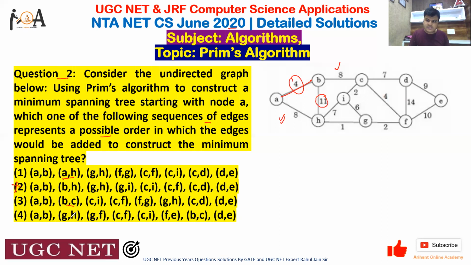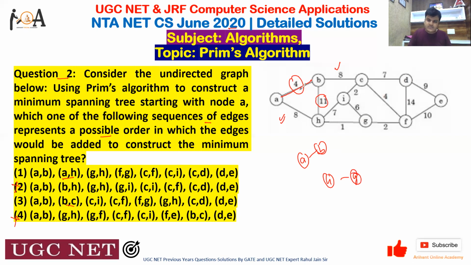Similarly, after AB, if I connect GH using Prim's algorithm, it would have to be connected to A, B and H, G. In Prim's algorithm, that is not possible because the tree is broken here. So option 4 is also false, right?